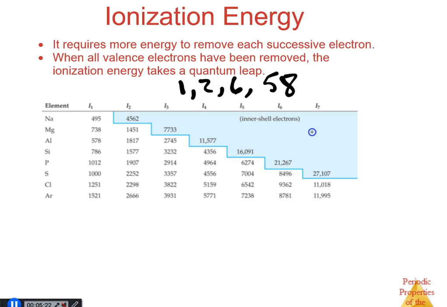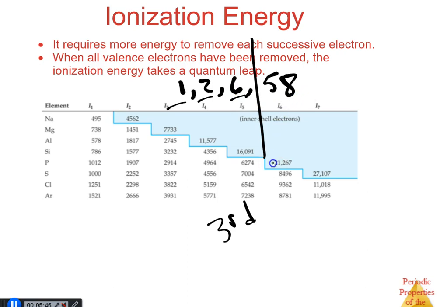Where's the big jump? All right, well, after what? After the third. That means this thing is probably a member of the third family. Because it took energy to remove the first, energy to remove the second, took even more energy to remove the third, but then a humongous jump in energy.